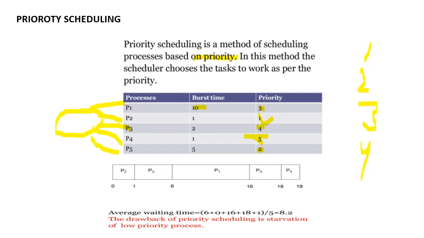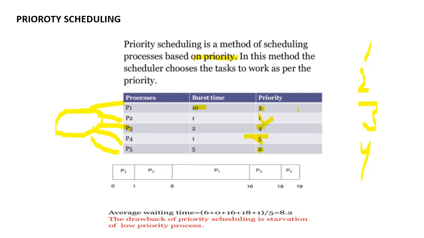Last, P4 is executed. And what is the waiting time for each process? If you check in the order, for process P1 the waiting time is 6 milliseconds. For process P2, the waiting time is 0 milliseconds.